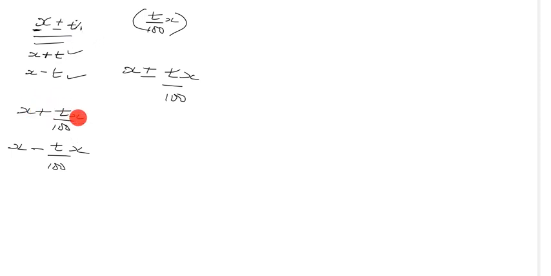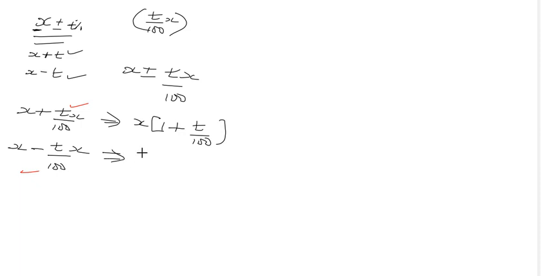So you can see you can factorize this. This represents your maximum value. This represents your minimum value. So if I factorize this, I'm going to be having X into 1 plus T over 100, which is the tolerance. I beg your pardon, this is plus.